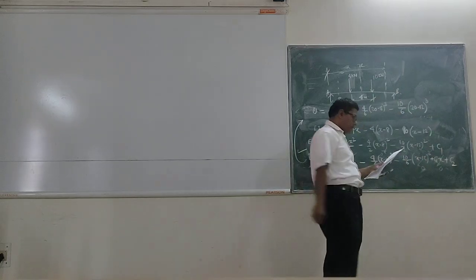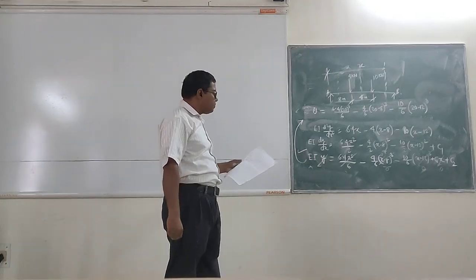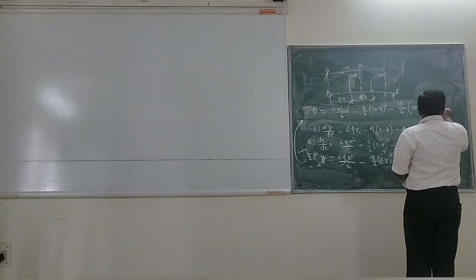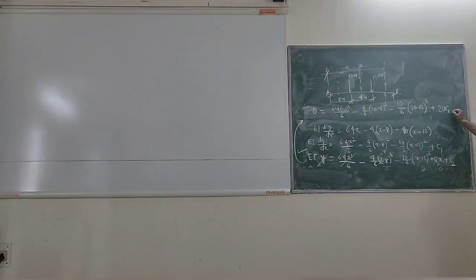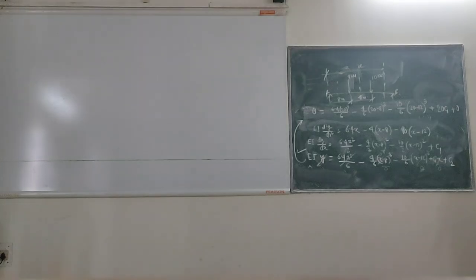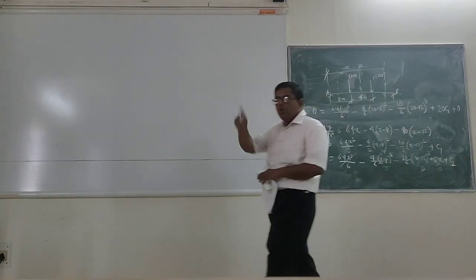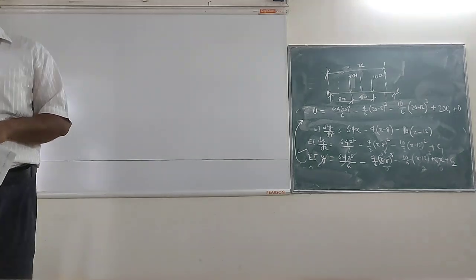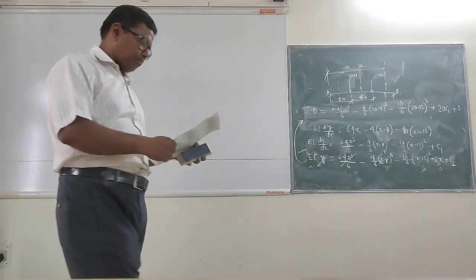So I have to evaluate, right? Plus 27 plus 20 C1, and C2 I have evaluated already. C2 is 0, which I got from the earlier boundary conditions. Now in this equation, do you have any other term other than C1? No. So you can evaluate C1.